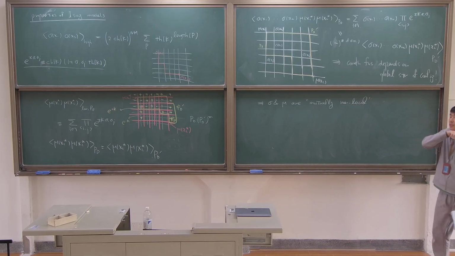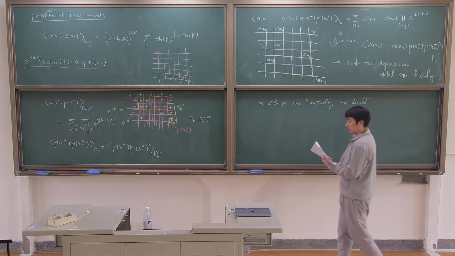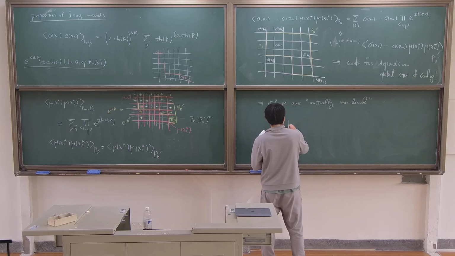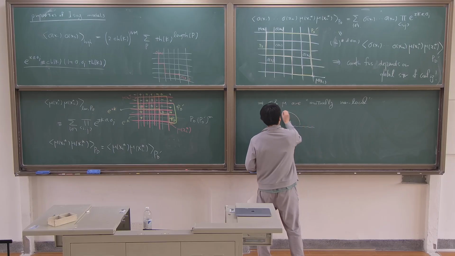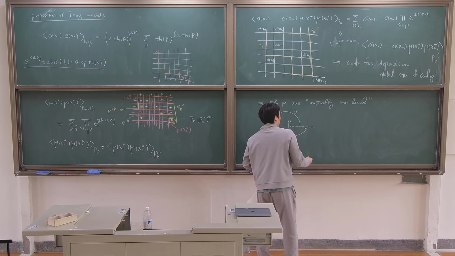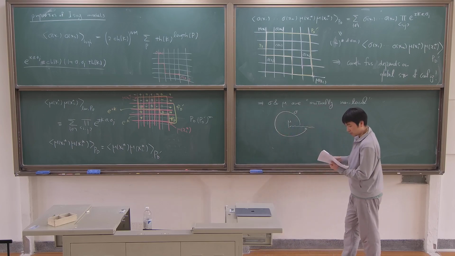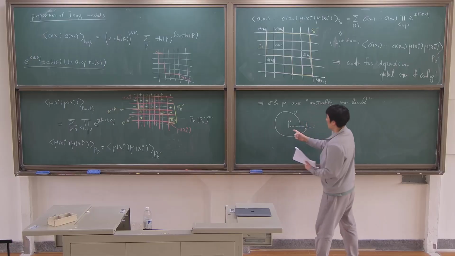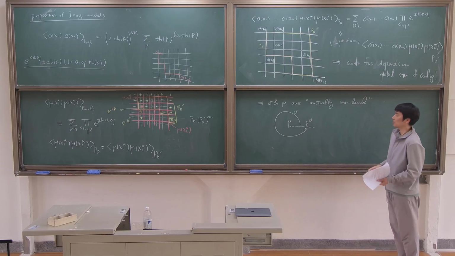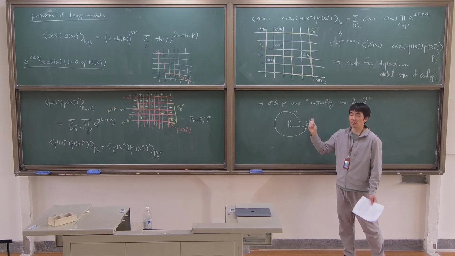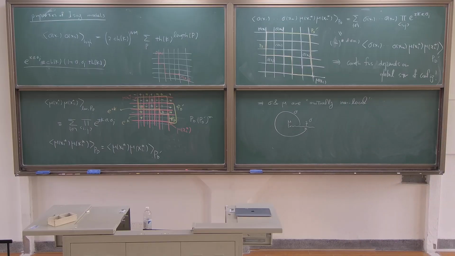Mutually non-local means that if you have some mu operator here, and you have a branch cut, and then you rotate sigma this way, you will receive a sign. If you pass across the branch cut, you have a minus sigma. So it really depends on the structure. Mu and sigma depend on the configuration of each other.